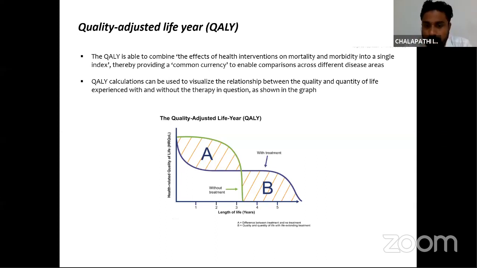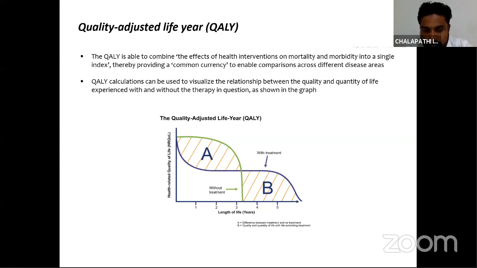Second concept, B. I am giving an intervention, but that will reduce his quality of life, but he can live up to 55 or 60 years. So how will I calculate the QALY? Consider this green line on the top of the HRQOL, it is 1. When I give an intervention, it reached 0.5.